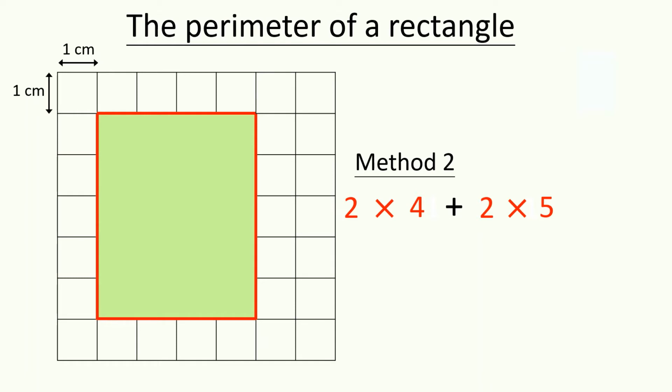We find the sum of the two lengths and the two widths of the rectangle. The perimeter of the rectangle is 2 times 4 plus 2 times 5 equals 18 centimeters.